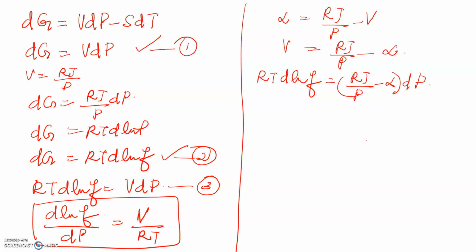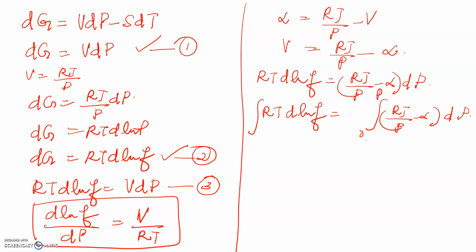If we integrate this equation between a very low pressure of 0 and a given pressure P, which is also very low, at constant temperature, we can write integral RT d ln f is equal to integral 0 to P of (RT by P minus alpha) dP.